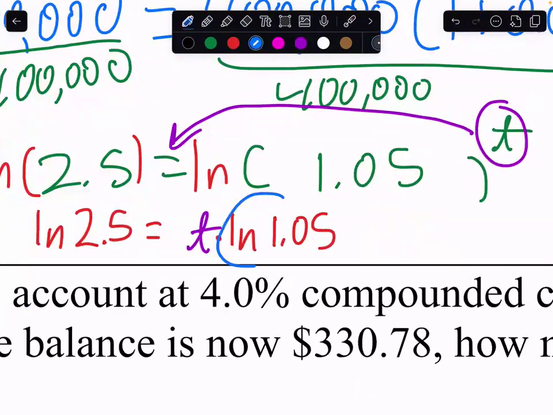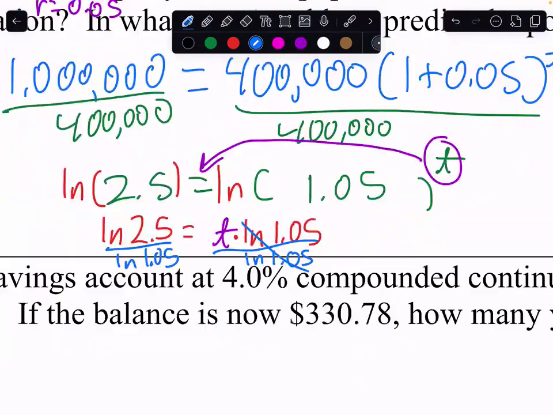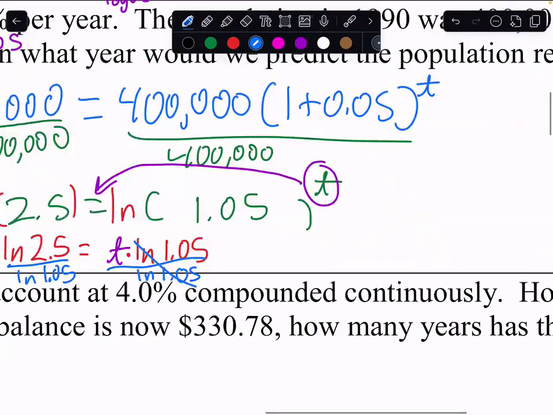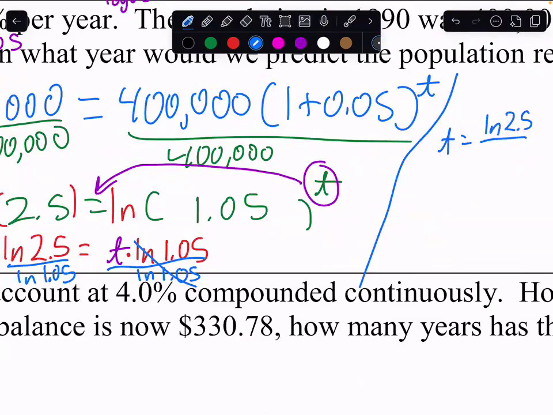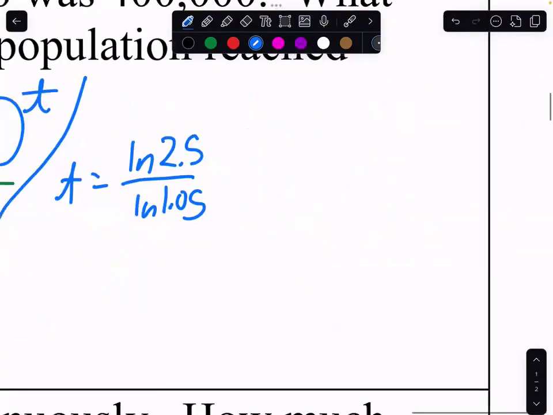So the way you get rid of the times ln 1.05 is you divide both sides by the natural log of 1.05. Okay, so we get t is equal to the natural log of 2.5 over the natural log of 1.05.